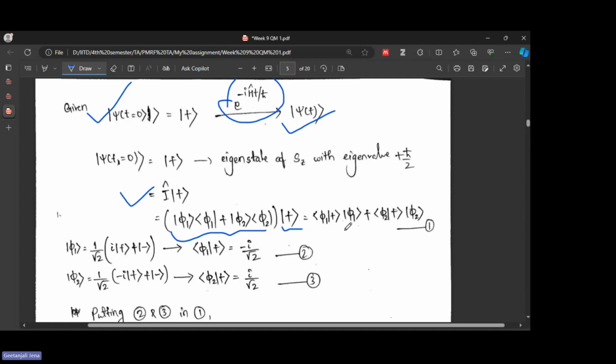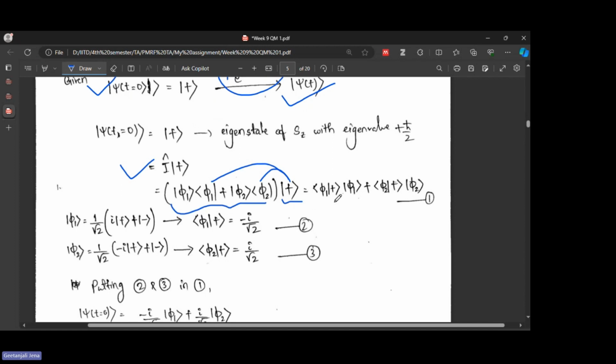Now if we take the state inside and multiply it with the individual terms, we get equation 1, which is the inner product of phi 1 with the plus state times phi 1, plus the inner product of phi 2 with the initial ket times phi 2. So you have to find out what these values are.